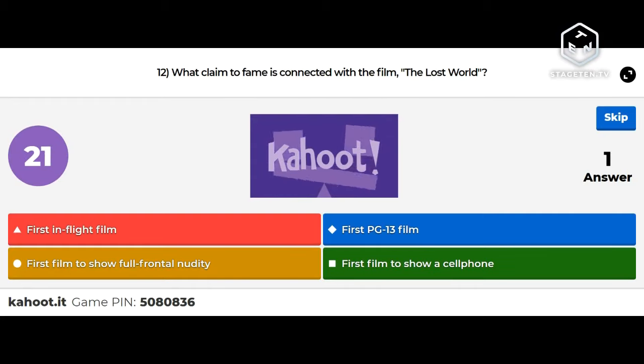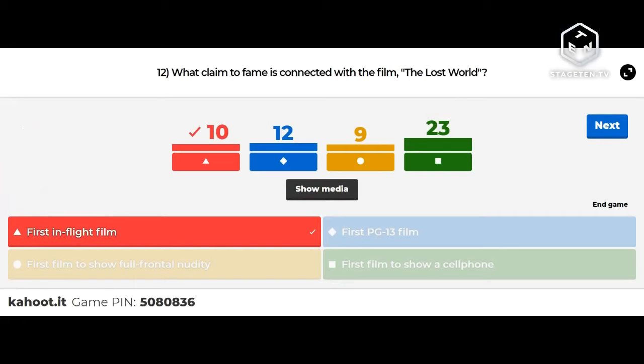Here's question number 14. Juhi Chawla is the right answer.